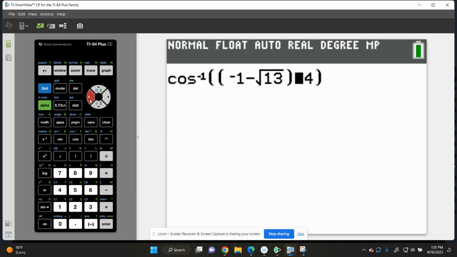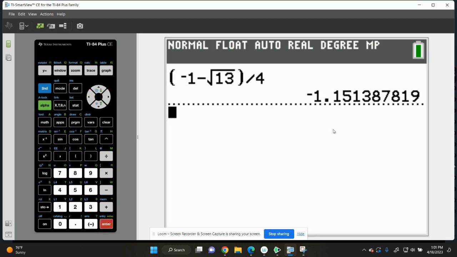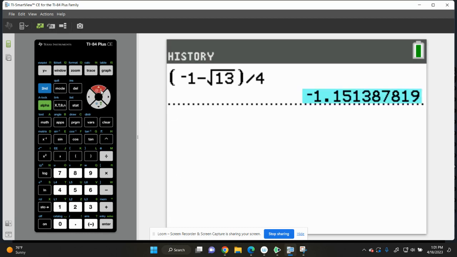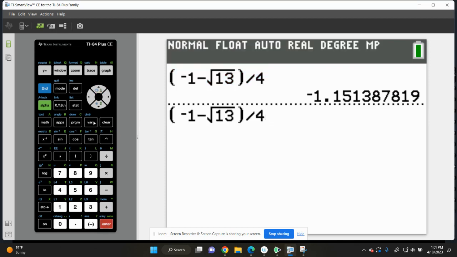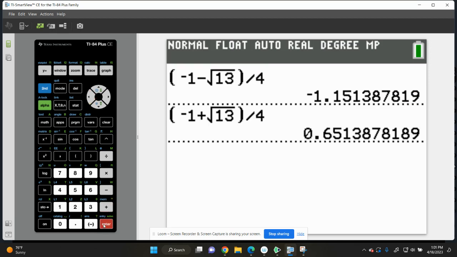Why did that one give me an error? Well, if I took the inverse cosine part off, okay, that's below negative 1. I've got to be between negative 1 and 1, so that's why that didn't work. When this was a plus, that worked.